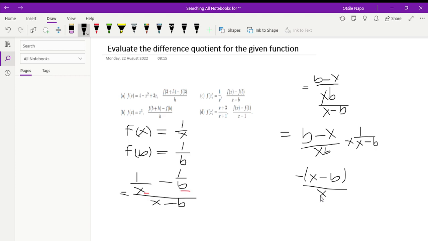We are trying to make it simple in such a way that it may actually cancel. When we are multiplying, we normally look for factors which can cross out. So this will cancel with this, since they are the same, and we will be left with negative 1 over xb.